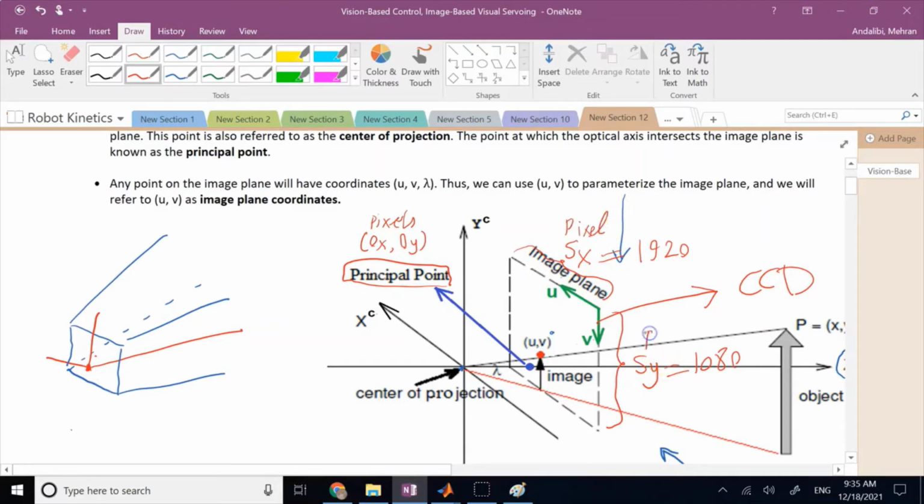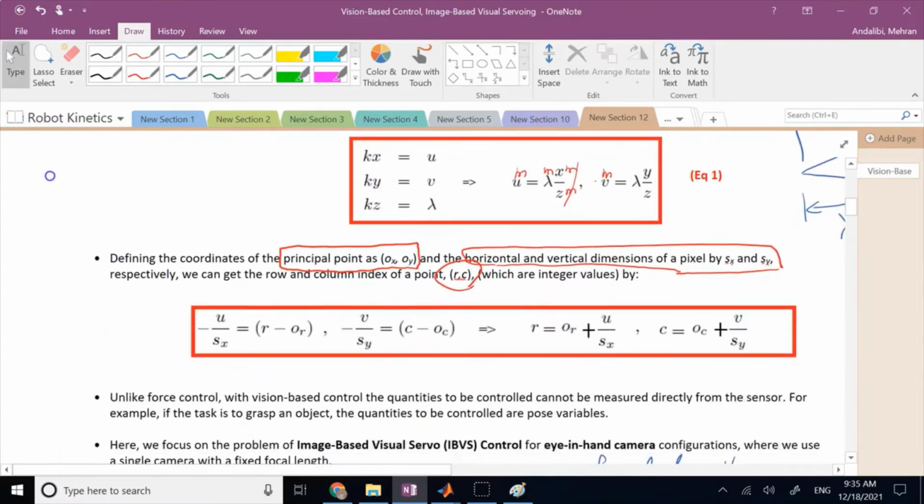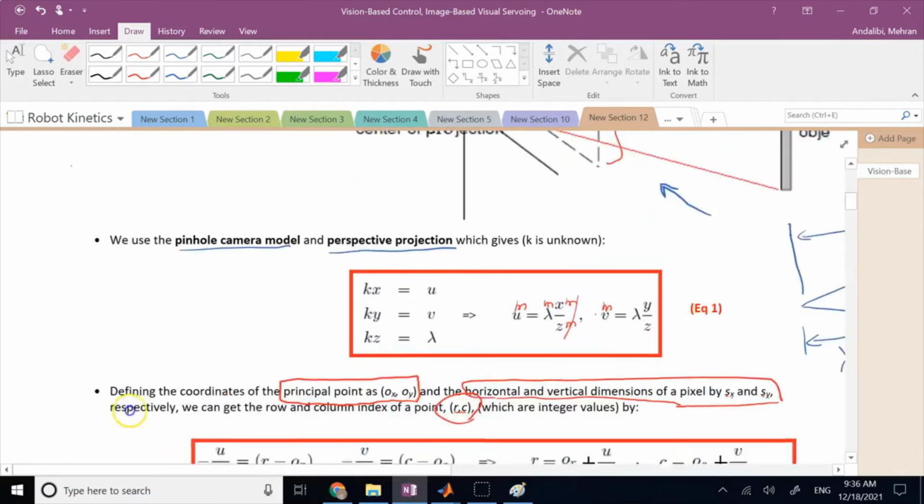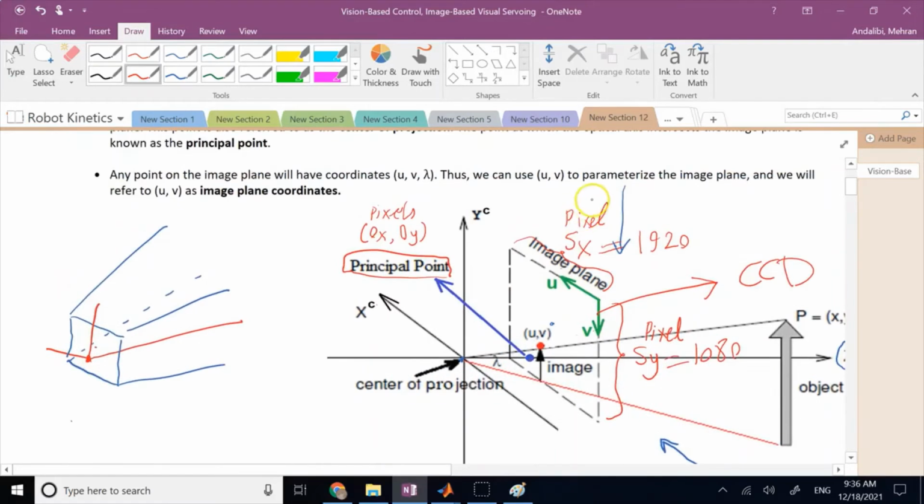Now, SX and SY are not just pixels, they are relating to pixels, because if you look here, the unit of them is actually meters per pixel or millimeters per pixel. So the unit of these is millimeters per pixel. So they show you how many pixels are included in each millimeter of the CCD.